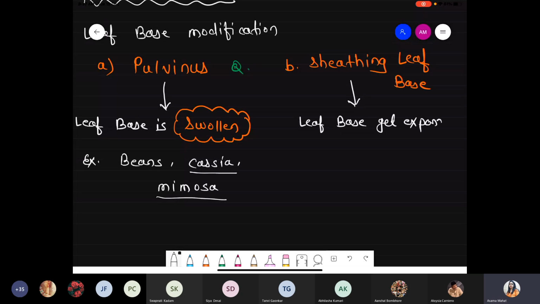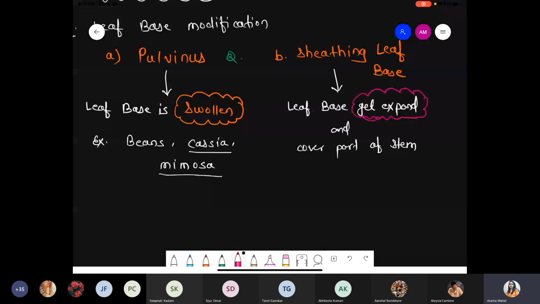The leaf base expands and covers some part of the stem. So they are simply showing expansion. Such a condition is called sheathing of the leaf base. Sometimes the stem is partially covered, and it may also be completely covered. It depends upon the condition.